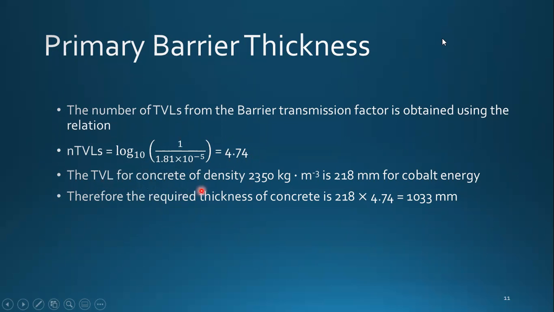The TVL for concrete of density 2350 kilogram per meter cube is 218 millimeter for cobalt energy. This is the thickness of 1 TVL and we need 4.74 TVL. So the thickness of the barrier will be 4.74 times 218, which is 1033 millimeter.